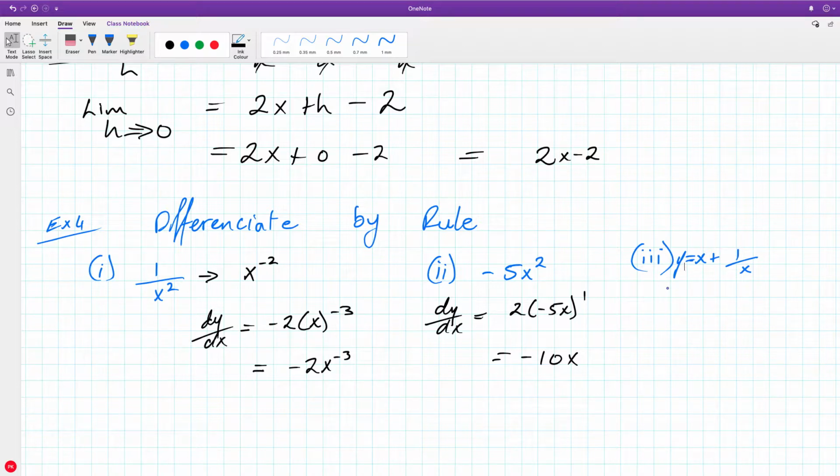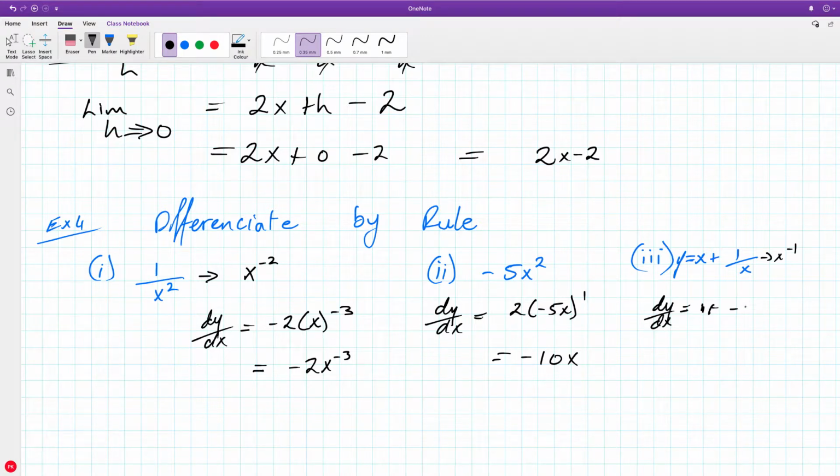So that's the correct answer. A lot of people simply say minus 2 over x cubed. If they don't ask for it, then pick the formula. So dy dx then is, differentiate x, you get 1 plus, this is x to the power minus 1.